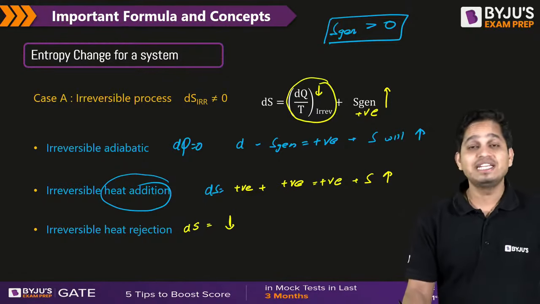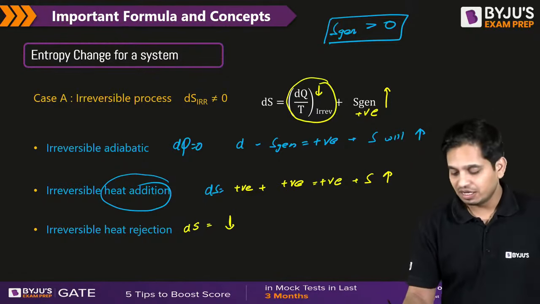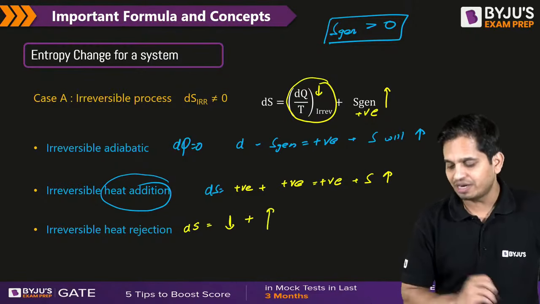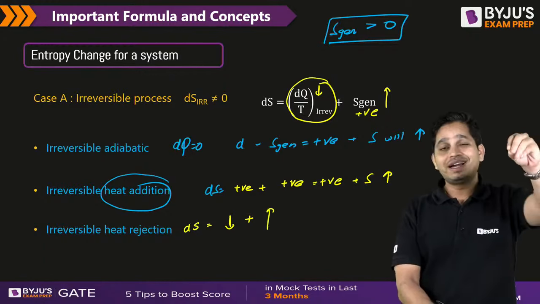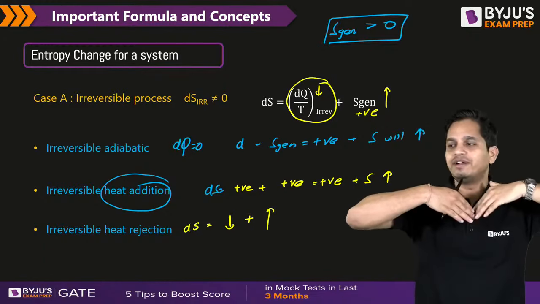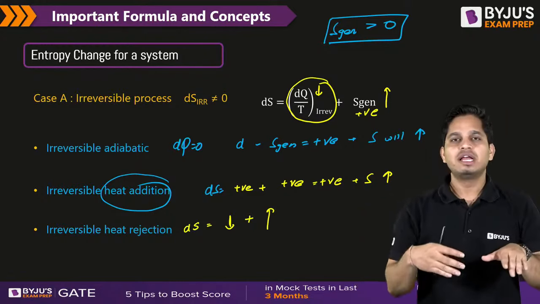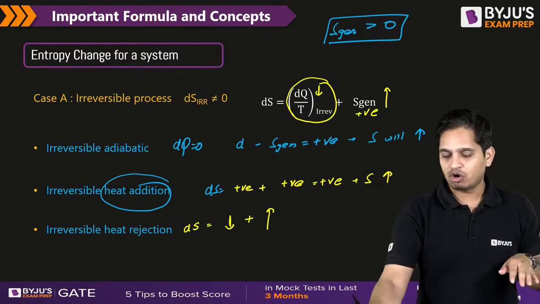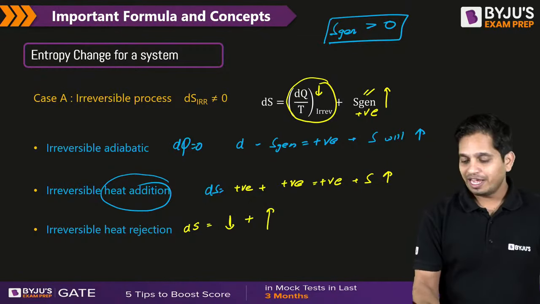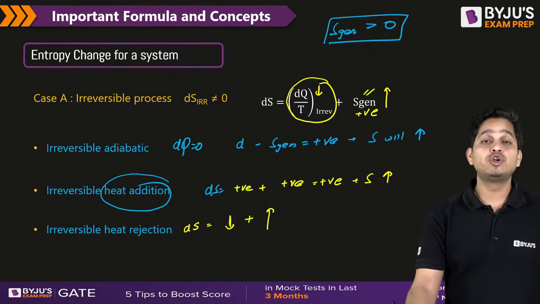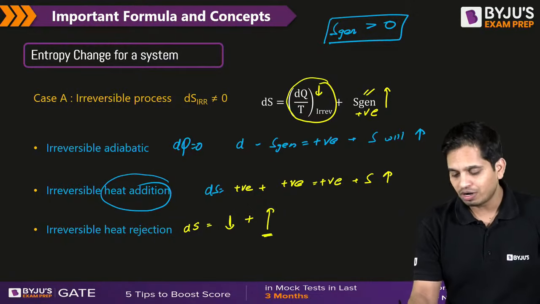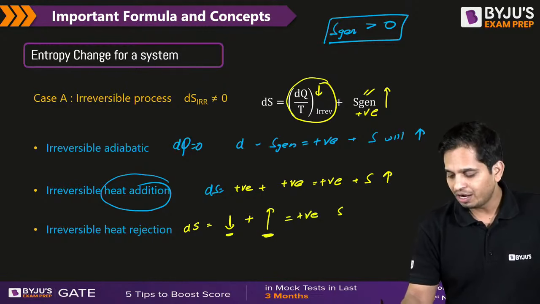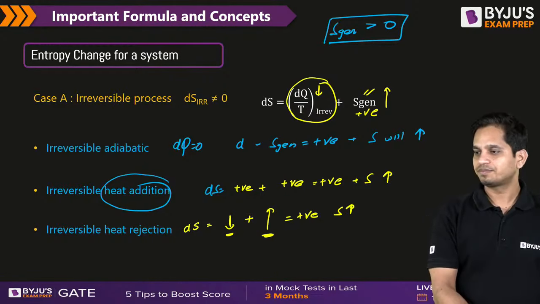Now, if this decrease is less than the increase because of entropy generation, because of heat transfer, you are taking out heat, so entropy is going to decrease. But because of friction in the system, entropy is going to increase, entropy generation. So, if the entropy change due to generation is more than this, you will get a positive value, entropy is going to increase.